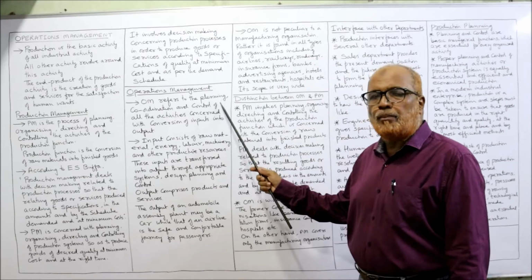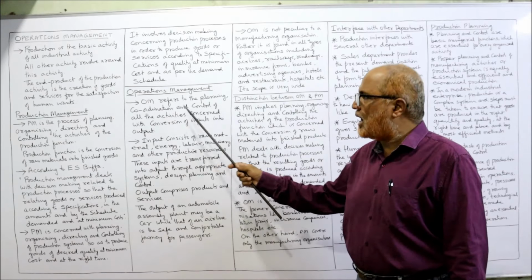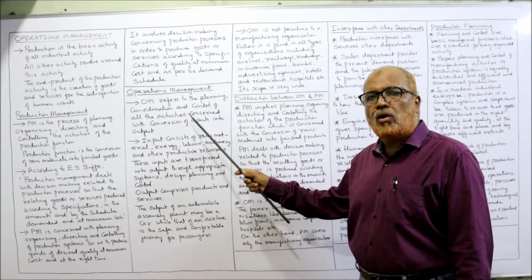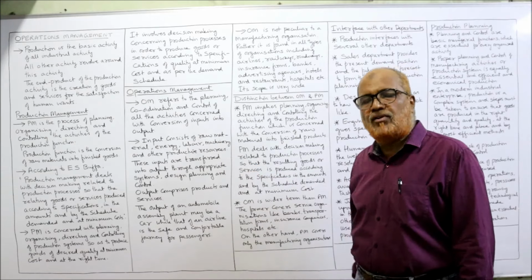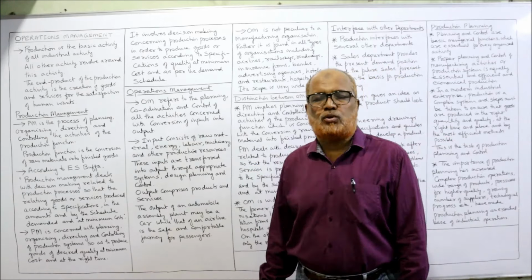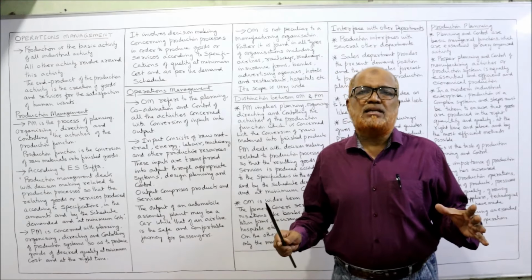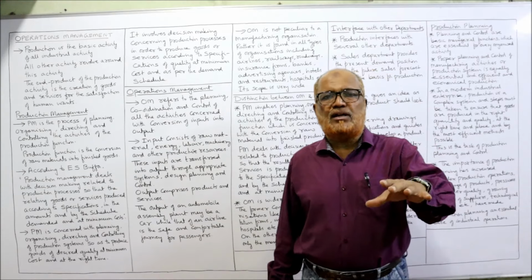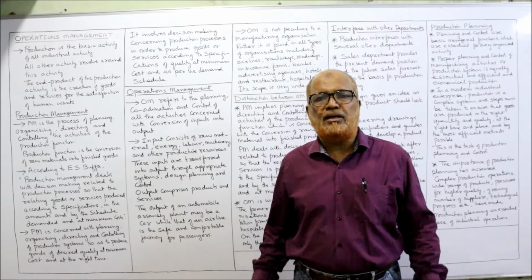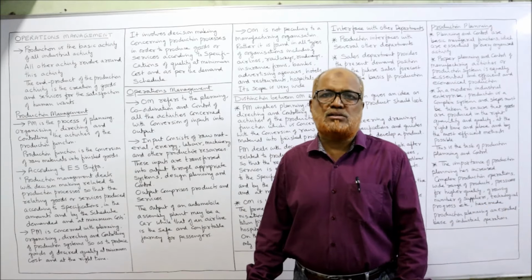Operation management refers to planning, coordination and control of all the activities concerned with conversion of input into output. Any business activity is concerned with converting the input into output by using all the resources.